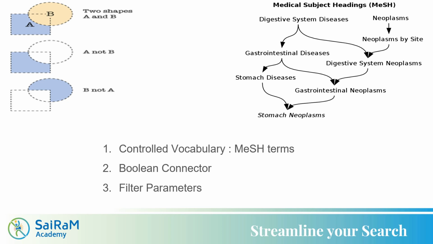So when I use the Boolean type of search method along with the filters, the filters would be like the publication years, should my research have both male and female genders, is there any age restriction for my evidence, and should my article only be in the English language, something like this. These are the common filters that you can use to narrow down the search.